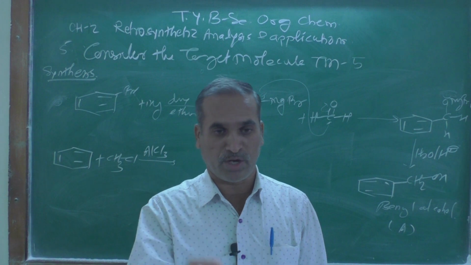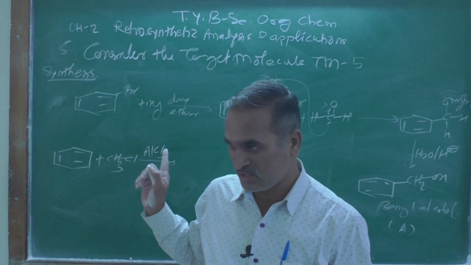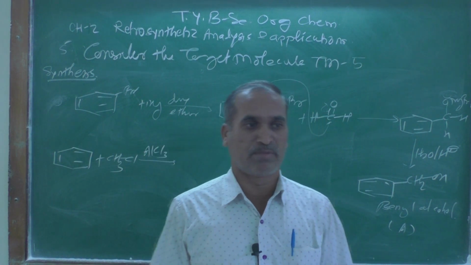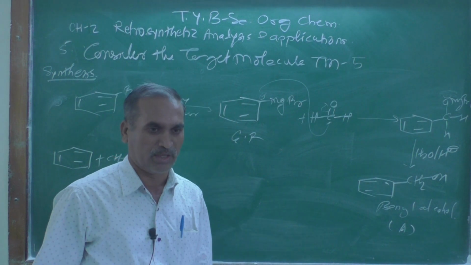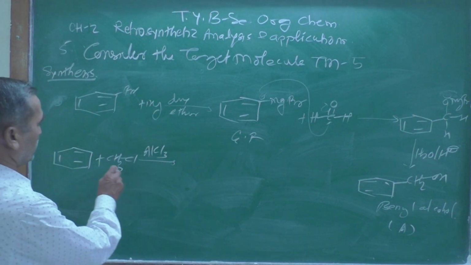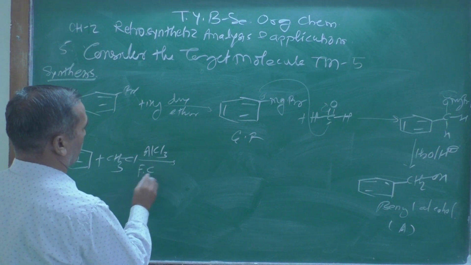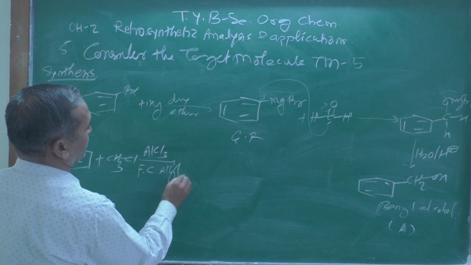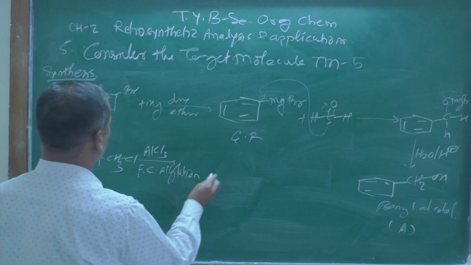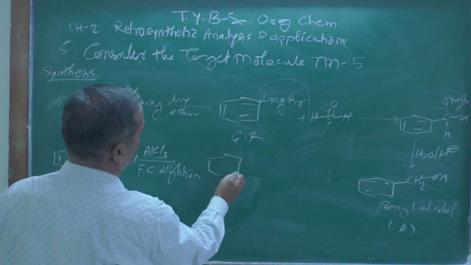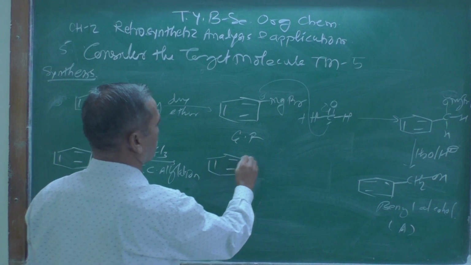More than 95 percent of you might be knowing this reaction. Anyone can tell me what is the name of the reaction? This is called Friedel-Crafts alkylation reaction. And in this way we can get this one, right?